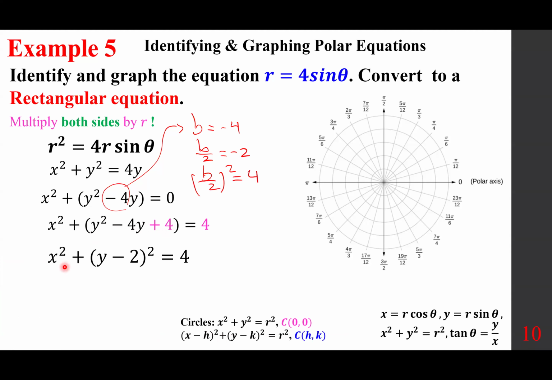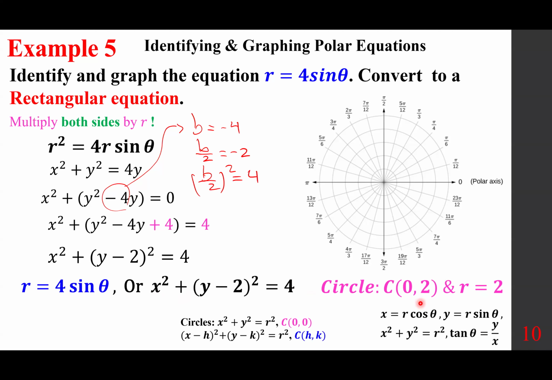We have a circle centered at 0, 2, with radius the square root of 4, which is 2. So when r is 4 sine theta, that means x squared plus y minus 2 quantity squared equals 4, a circle centered at 0, 2 with radius 2. So 0, 2, this is 1, this is 2, and then a circle with radius 2.